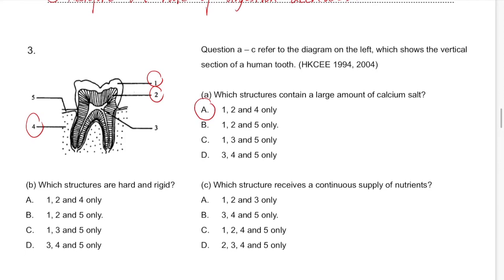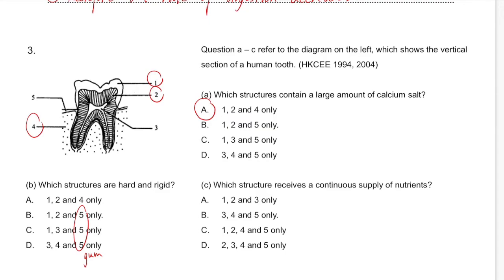And for part B, which structures are hard and rigid? Again, those that are rich in calcium salt are usually quite hard, so it should be 1, 2, and 4. And number 5 is labeled as the gum, and we all know our gum is not very hard. And for question C, which structure receives a continuous supply of nutrients?